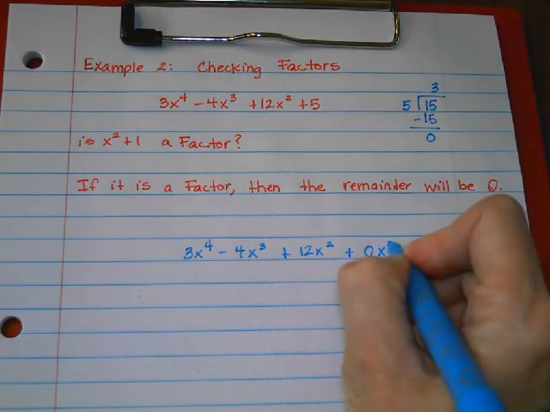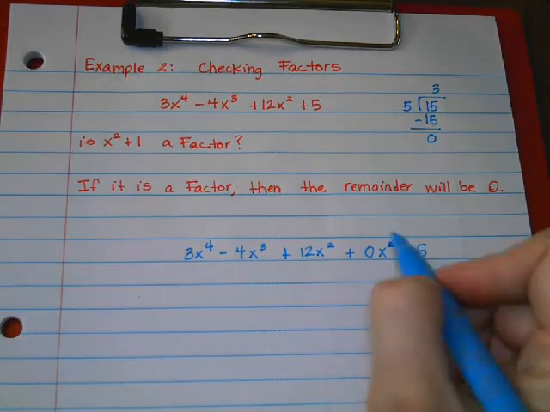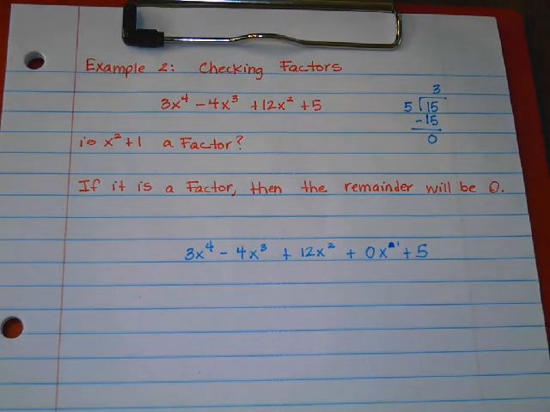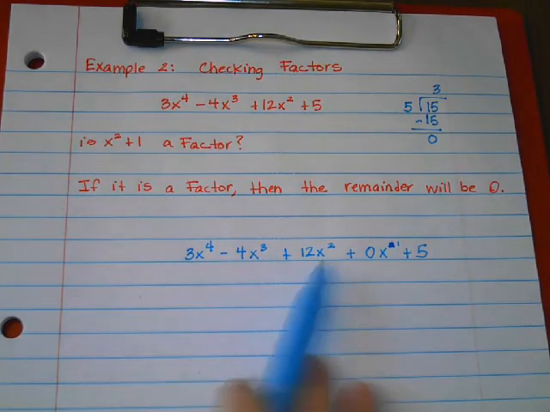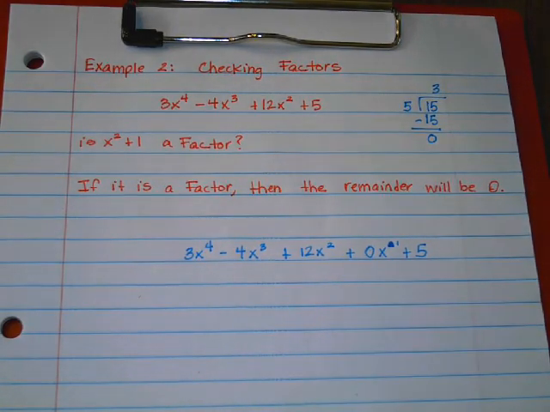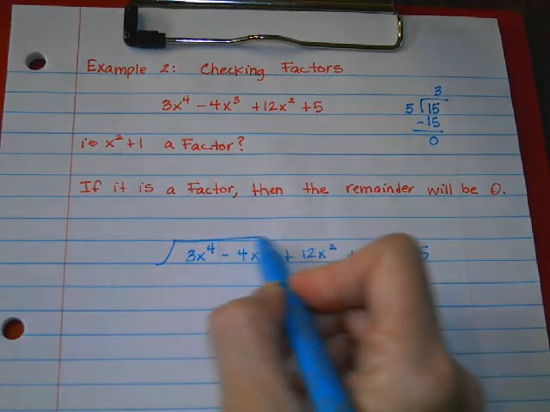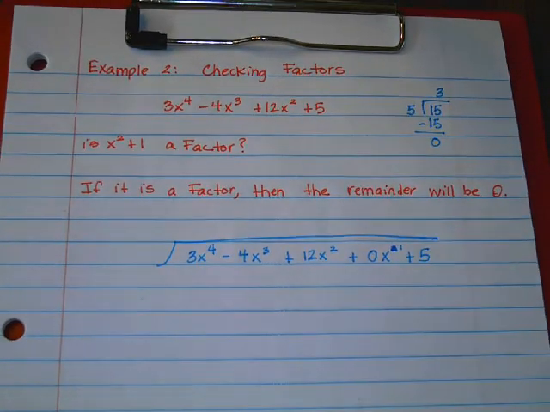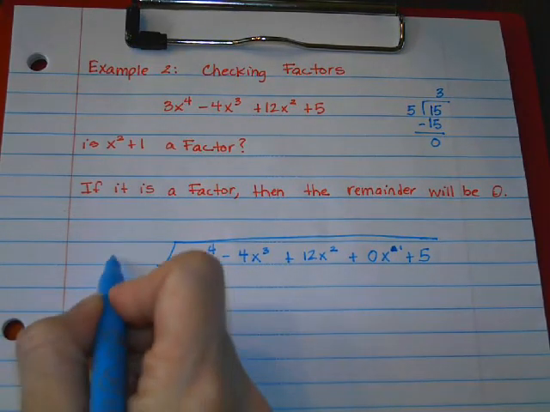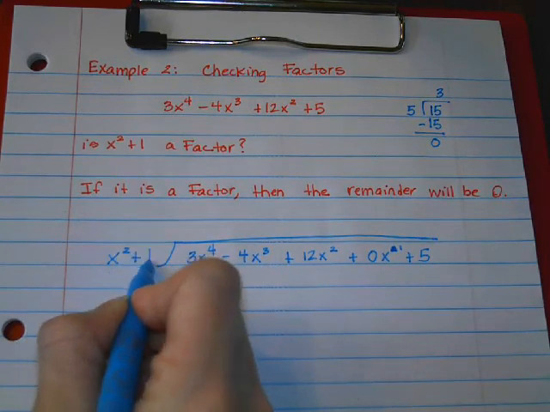Oh, not x squared, I'm sorry, x to the 1st. I meant to put a 1. All right, so now we got 4, 3, 2, 1, and no x, no variable. All right, we're going to put our dividing sign or divisor bar, as you want to call it. And then we're going to go ahead and put our divisor on the outside, x squared plus 1.